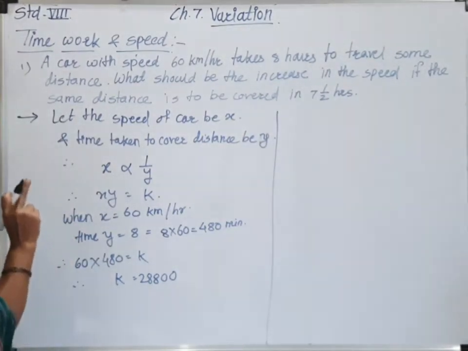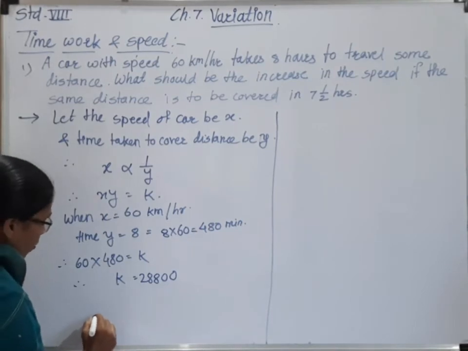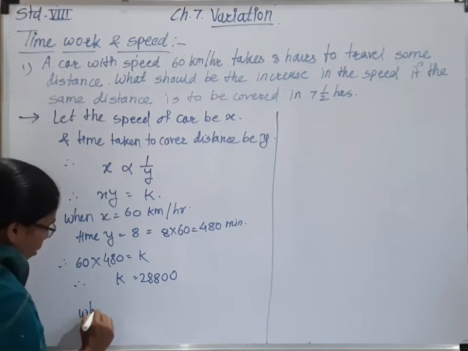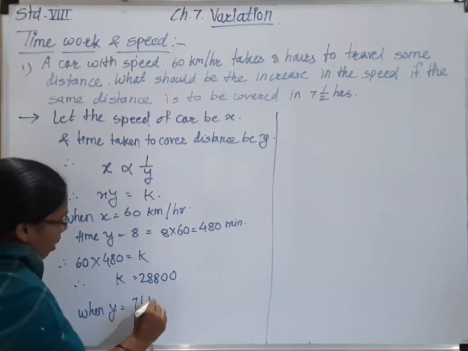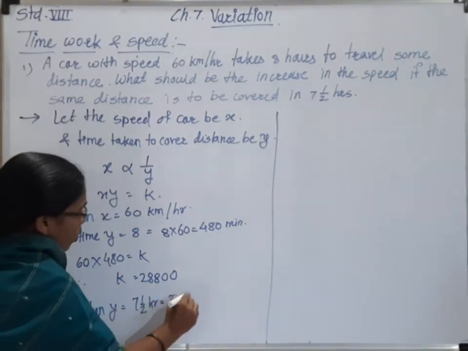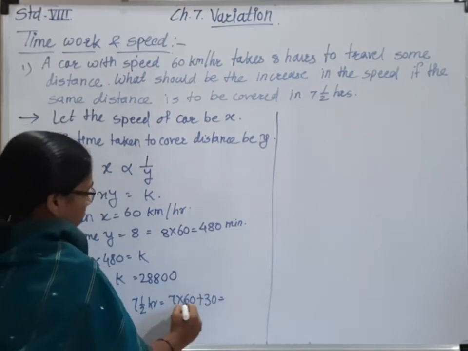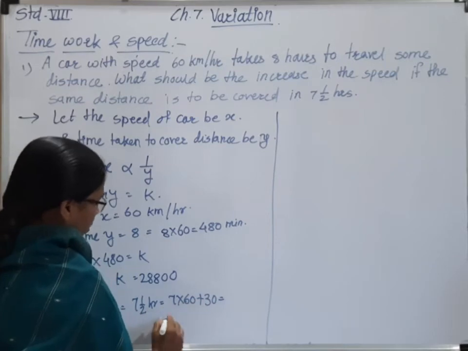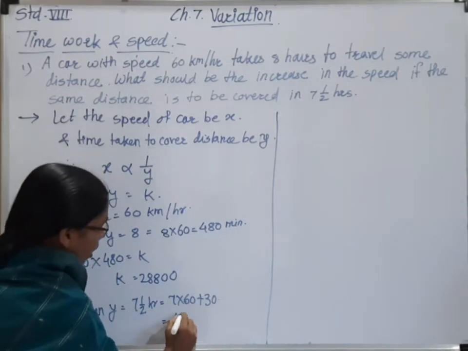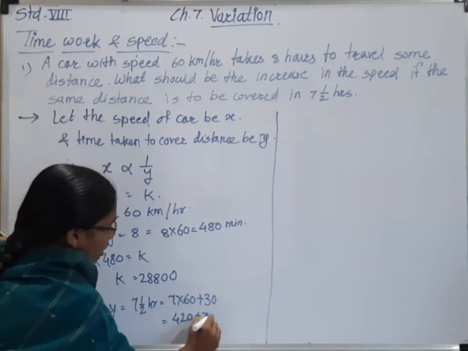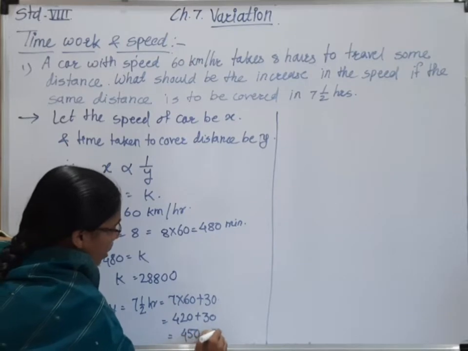Then 7.5 hours means when y is equal to 7.5 hours, that is 7 into 60 plus 30, which is equal to 420 plus 30, which is equal to 450 minutes.